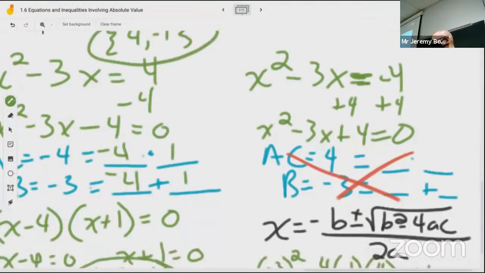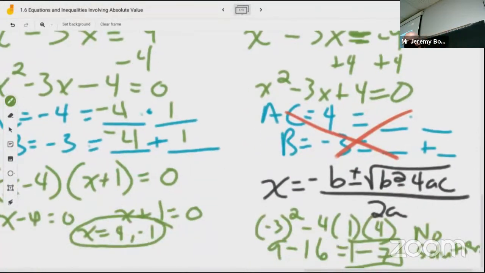So only the part that produced a positive 4 has a solution. The part that produces a negative 4 does not, because its discriminant is negative. Any questions on that? That was a difficult one. If you understand that one, I think you're in a good place.